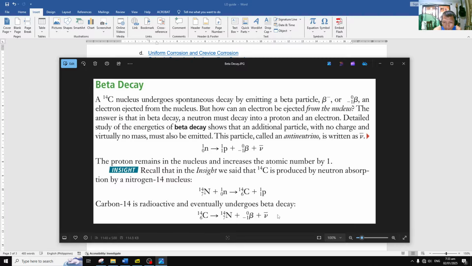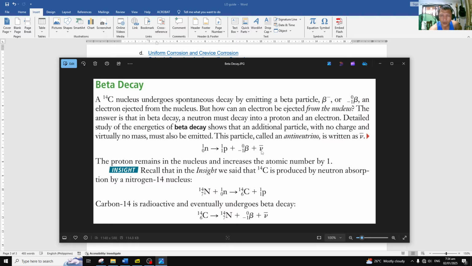When it decays, we measure the half-life. But anyway, carbon-14 undergoing beta decay becomes nitrogen-14 with a beta particle, and you have your antineutrino.